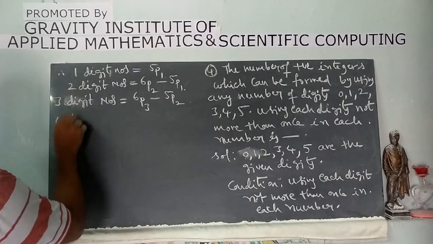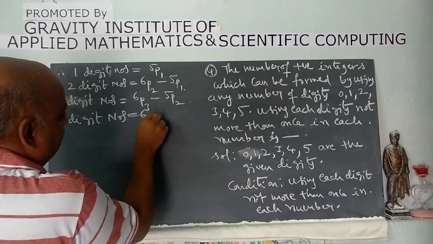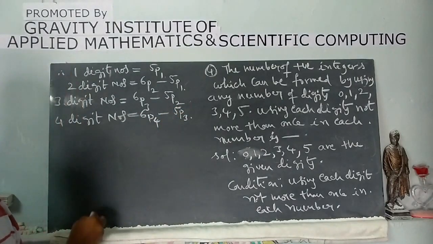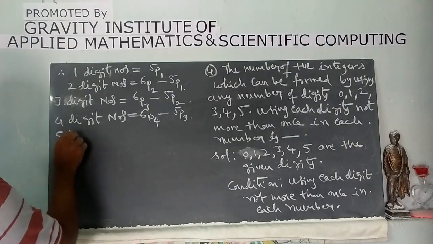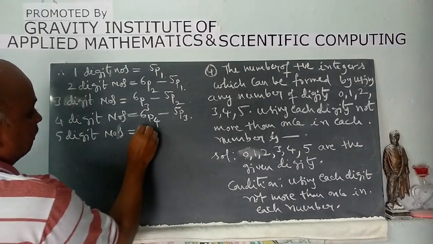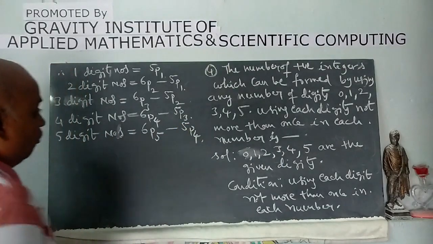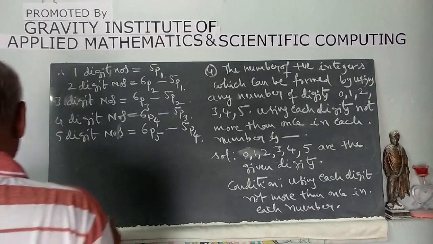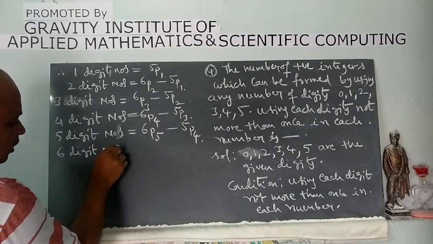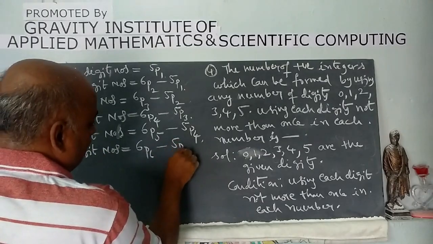Four digit numbers, 6p4 minus 5p3. Five digit numbers, 6p5 minus 5p4. Six digit numbers, 6p6 minus 5p5.